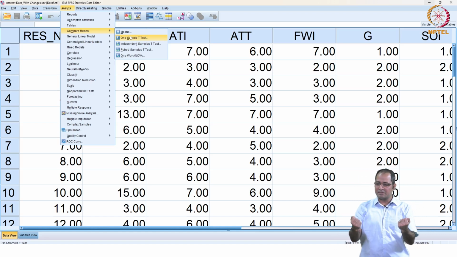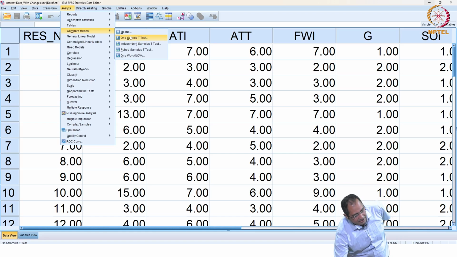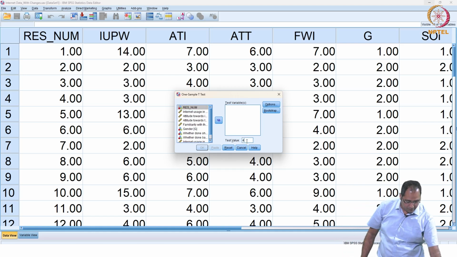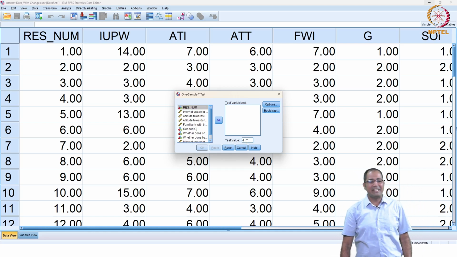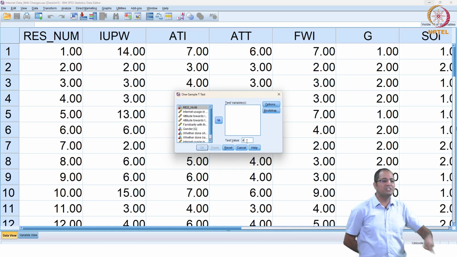Sample is only one of the ways by which we infer about the population. So here, Compare Means, One-Sample T-Test, you will get this window. Now we want to compare with 4, whether the mean familiarity rating in the population is equal to 4. Mu is equal to 4.